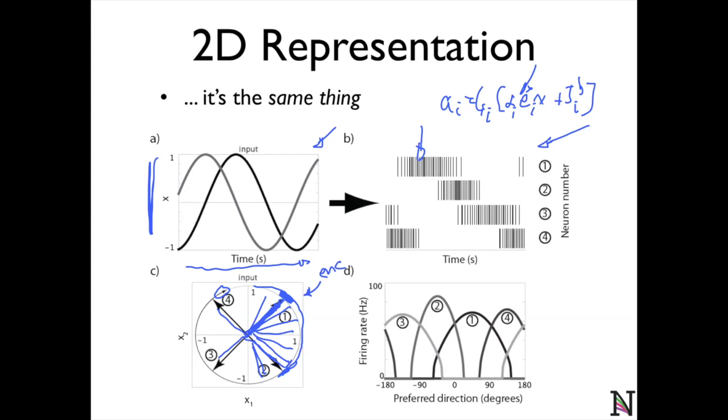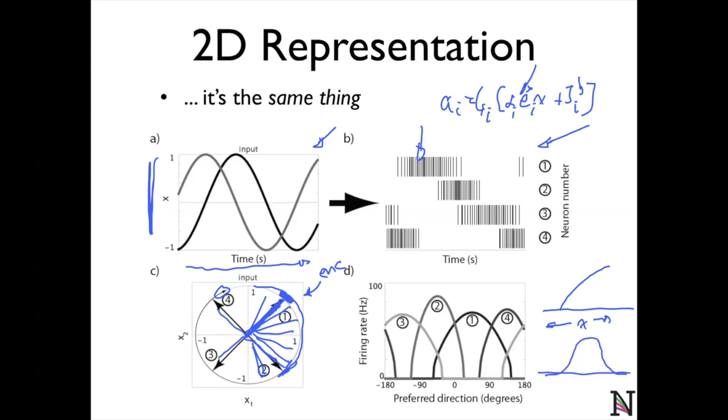Now, the other question that we often get for the NEF is, we always start by introducing, as we've done so far, tuning curves that look like this, where X is increasing and the firing rate is increasing or decreasing. And people are often a little bit puzzled by that because, if you go to neuroscience and somebody shows you a tuning curve, probably the most common one you'll see looks more like a bump function of some kind.